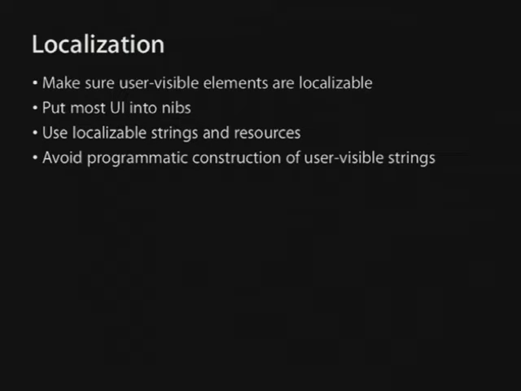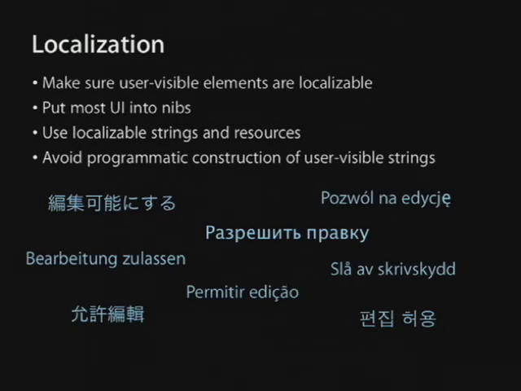And you need to be a little careful about how you construct these strings. In particular, you don't want to be making assumptions about what the strings might look like. So you shouldn't, in general, try to programmatically construct things like sentences from their parts, because you don't know how that would behave in the wide variety of languages.